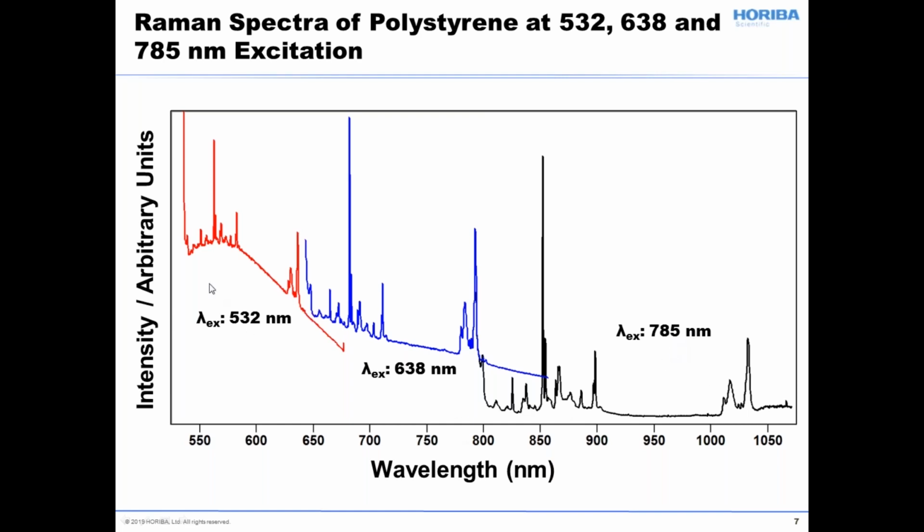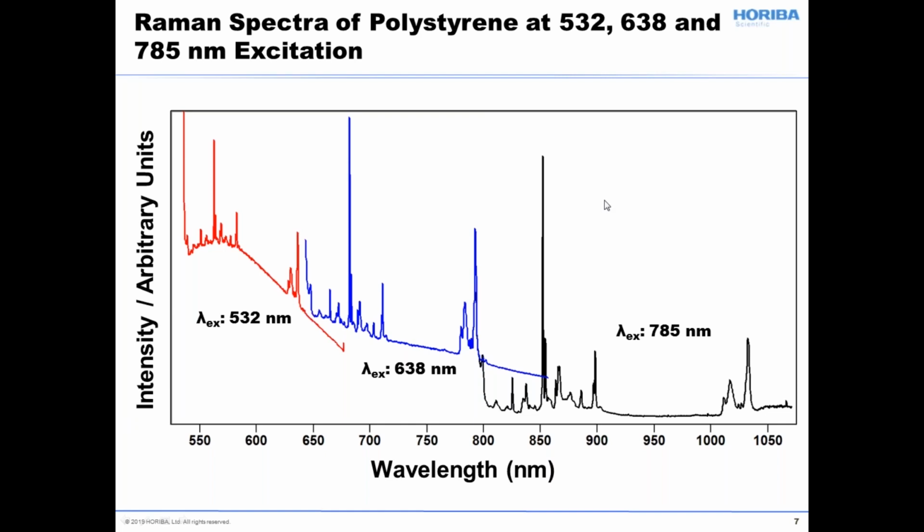So what do we see here? We see that the Raman bands are all shifted relative to the laser line. So all these sharp peaks here, they're basically the same, right, from the polystyrene. And they're always as a shift relative to the laser line, whereas the photoluminescence is always at an absolute wavelength.